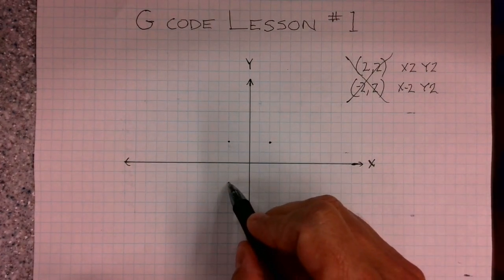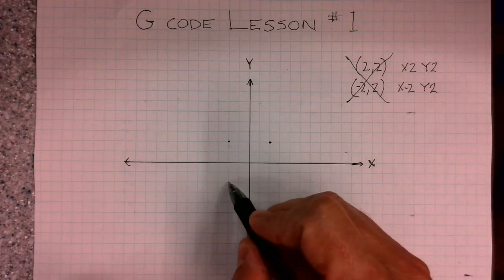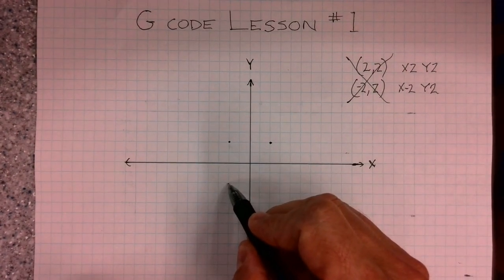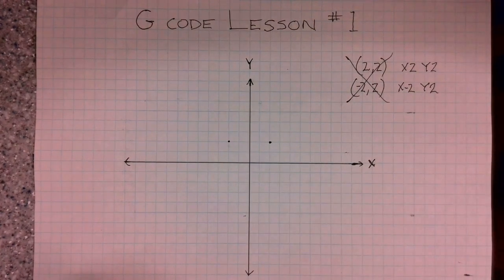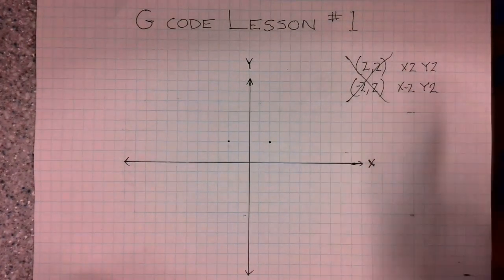Likewise, down here is negative x and y. So this would be x negative 2, y negative 2, and here would be x2, y negative 2. That's the first thing that we need to know.